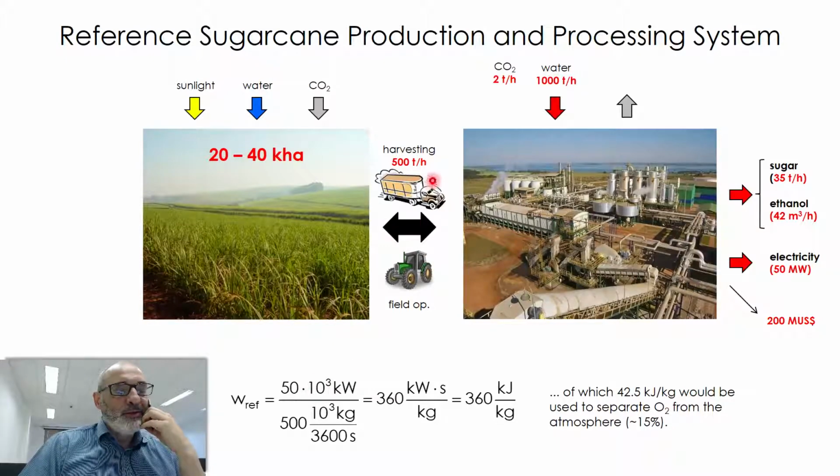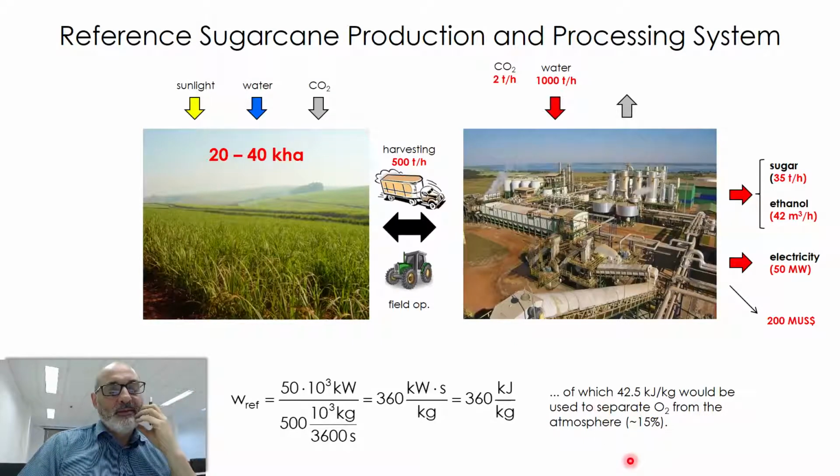So 500 tons per hour, 50 megawatts, 50 times 10 to the third kilowatts, divided by 500 tons per hour, gives 360 kilojoules per kilogram. That's our specific electricity production. So I'm comparing 360 kilojoules per kilogram with 42.5, the minimum amount of work.